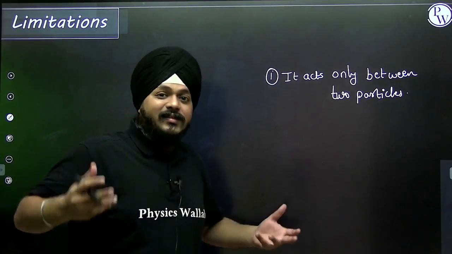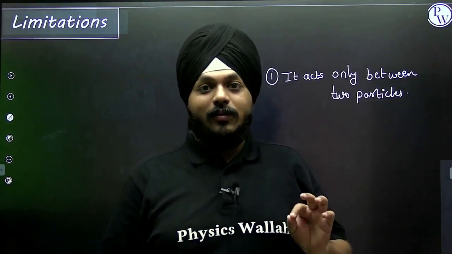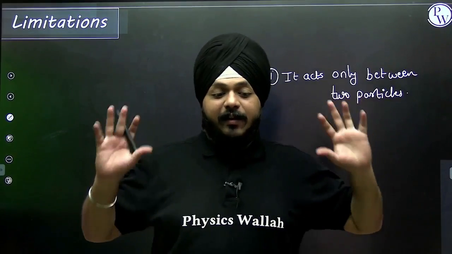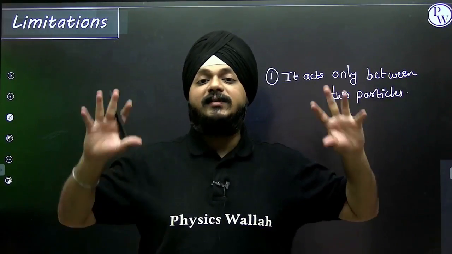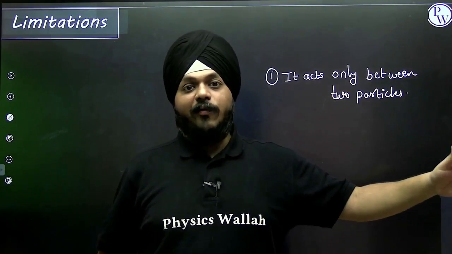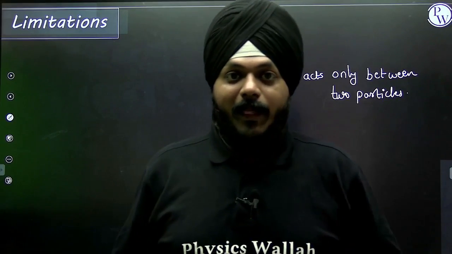In the entire system, is it possible that there is only the presence of two? No. An infinite number of particles are present in this entire universe. Then, since it is a universal law of gravitation, how are we going to define that?